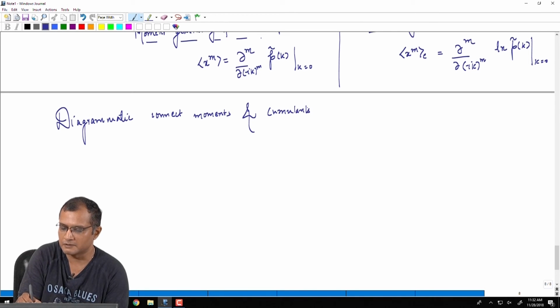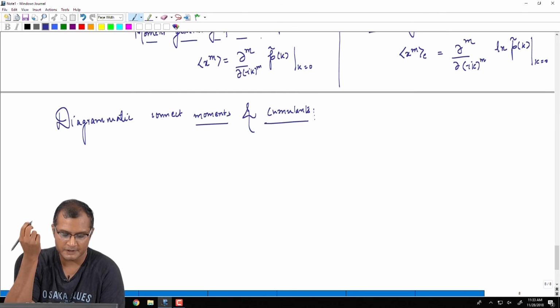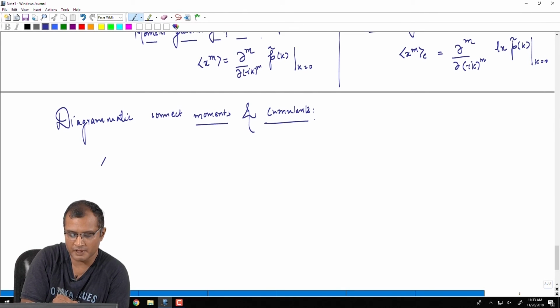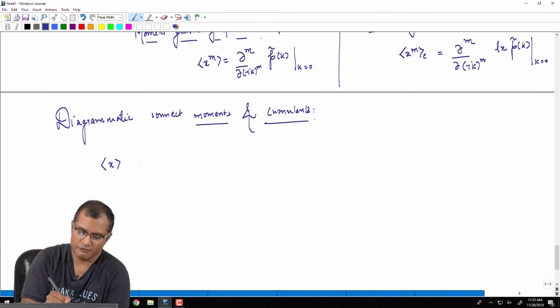Okay. So, the idea is to connect these moments and cumulants using some sort of a diagram, right. So, now the diagram is the following. Suppose I want to write down the definition for the connection between first moment and first cumulant.